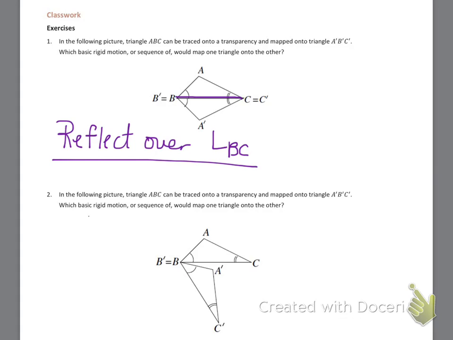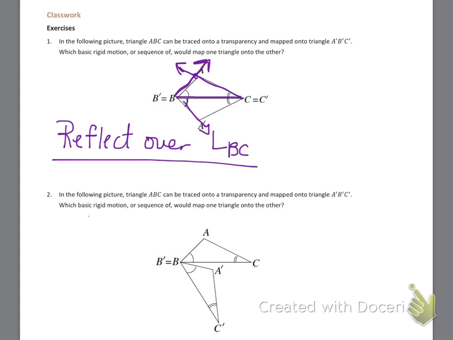And the reason that it will map them together, and you can use a transparency to prove it, is that because these two angle B's have the same angle measure, this ray and this ray will map on top of one another, and these two rays will map on top of one another, and they're going to meet at that point A.